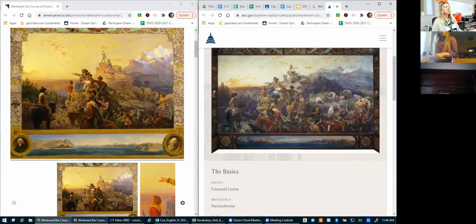what's another thing that they both have in common that you can see? What's something that's maybe the same shape that you see in both of them?